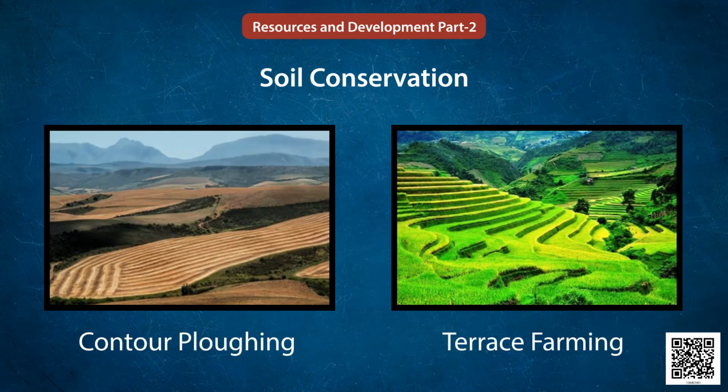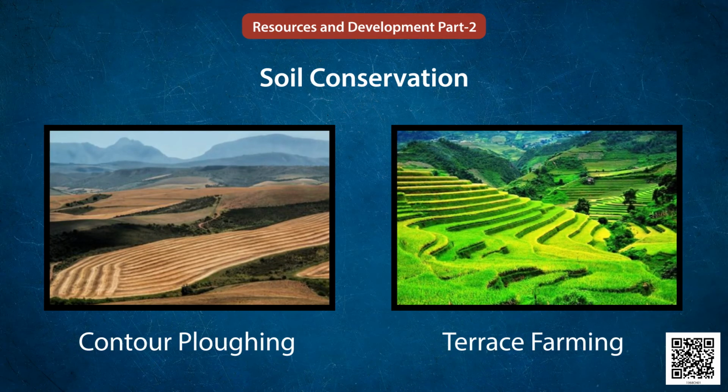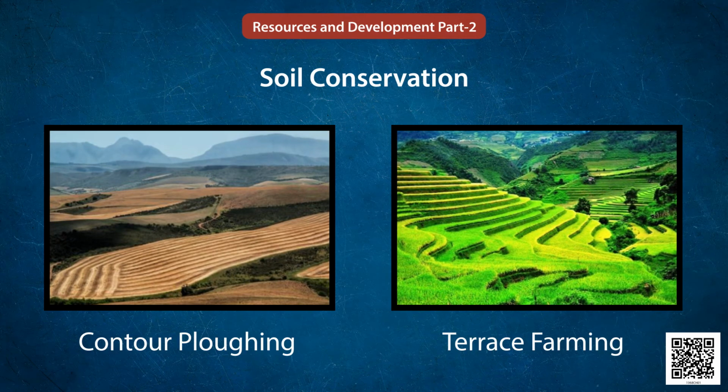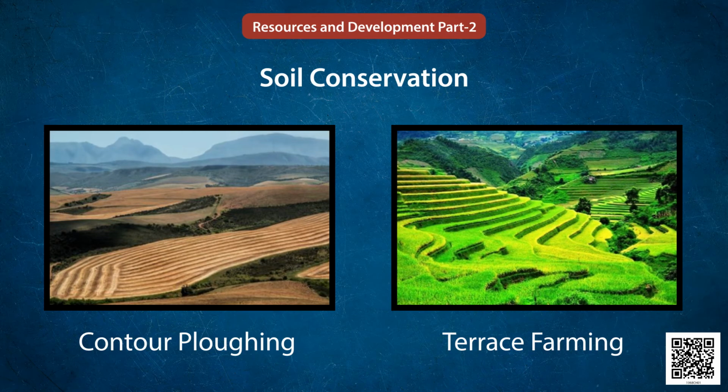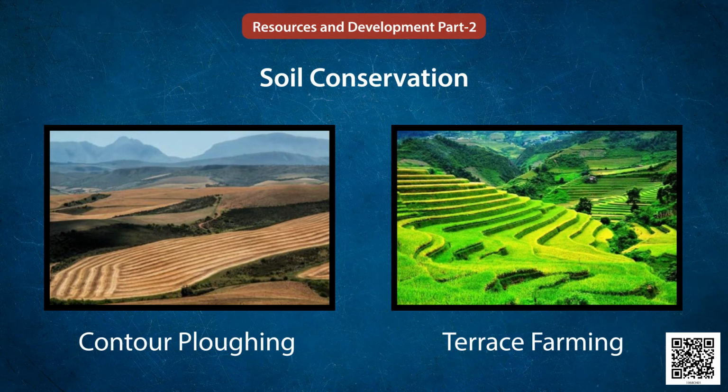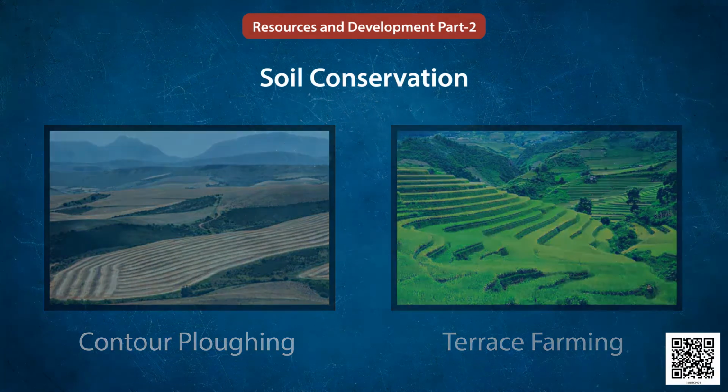Steps can be cut out on the slopes, making terraces. Terrace cultivation restricts soil erosion. You must have seen in the hilly areas terraces made by farmers on hill slopes. Western and central Himalayas have well-developed terrace farming.